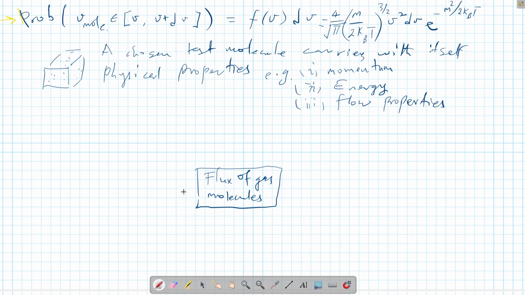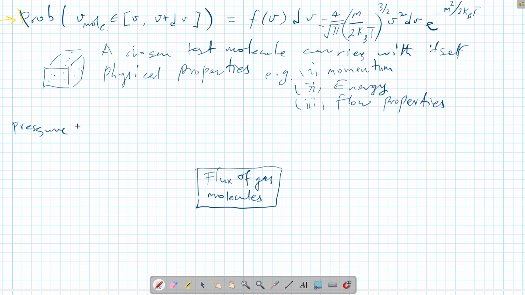If I'm able to derive this somehow using the Maxwell-Boltzmann distribution, as we're going to see, we're going to do that. You can use that to compute, let's say, pressure.